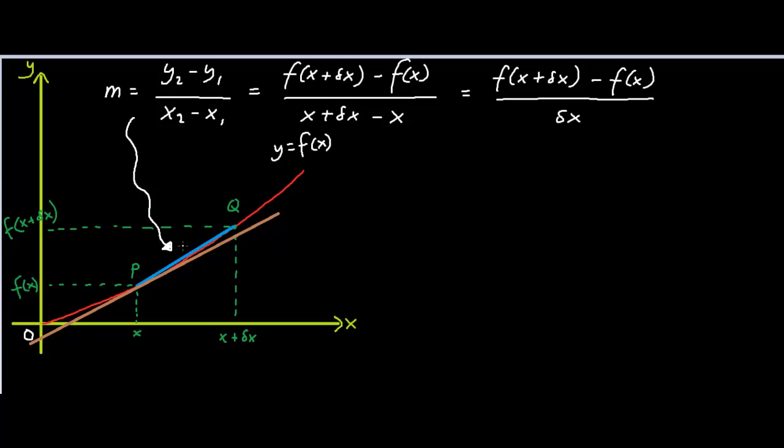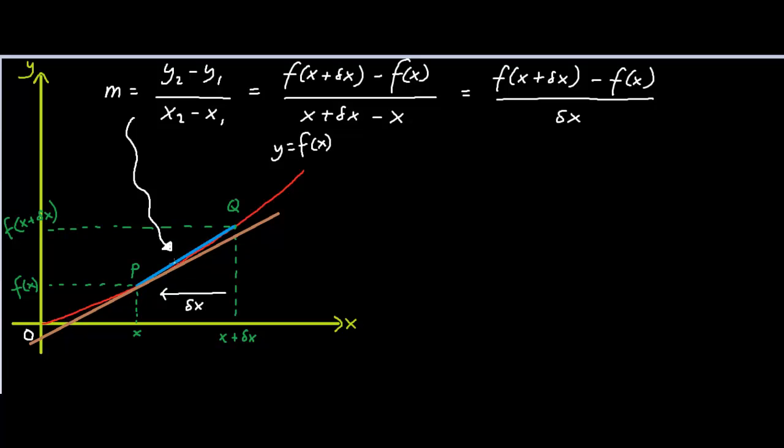Now, if we want to find the gradient of the tangent line at P, then change in x is going to have to become smaller. As change in x becomes smaller, Q gets closer to P, because the value of y drops as change in x drops.